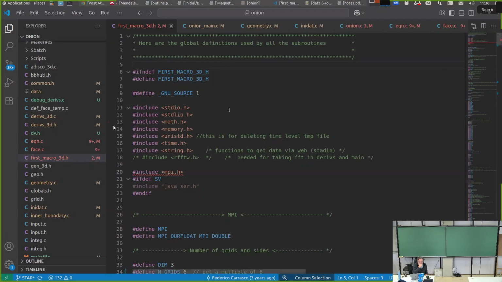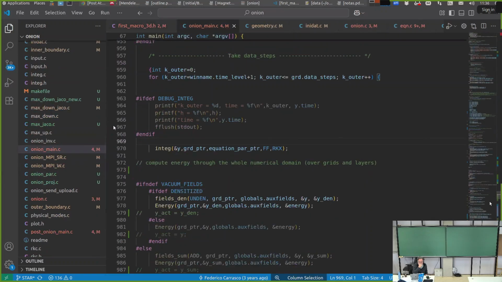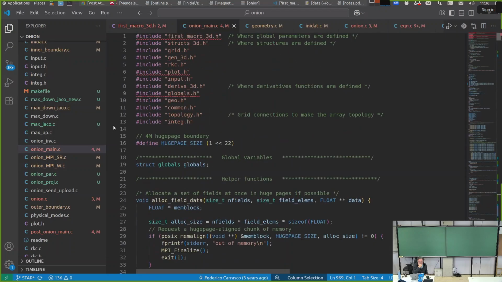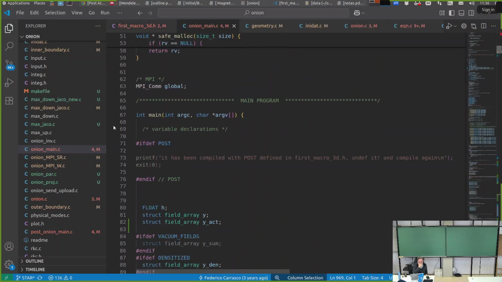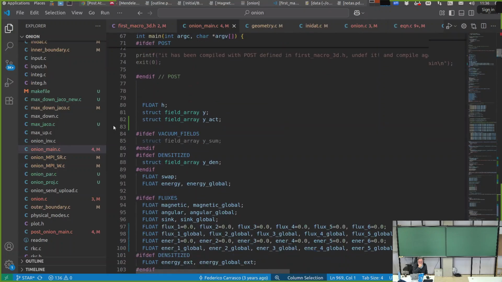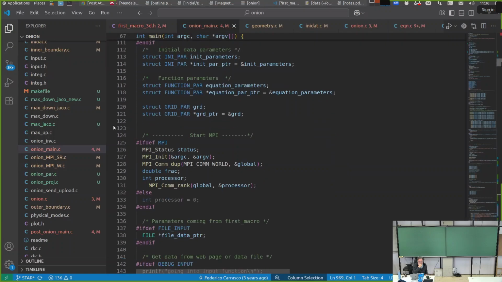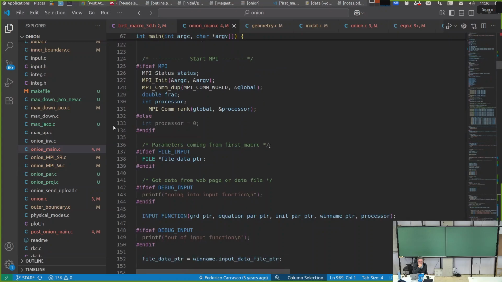And the core of the code is this file, the main file. So this is essentially the code, and it will start defining the topology. It will start producing the different MPI domains, assigning each of them one processor.